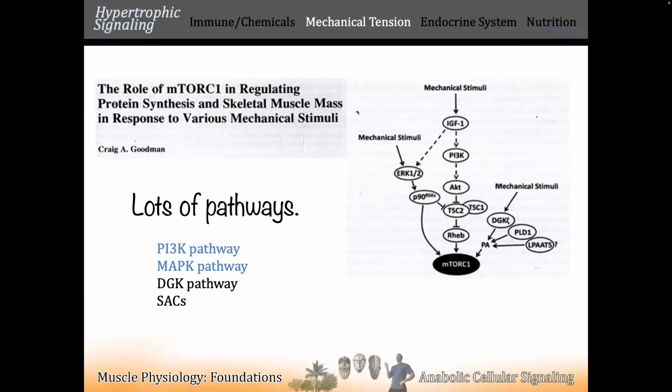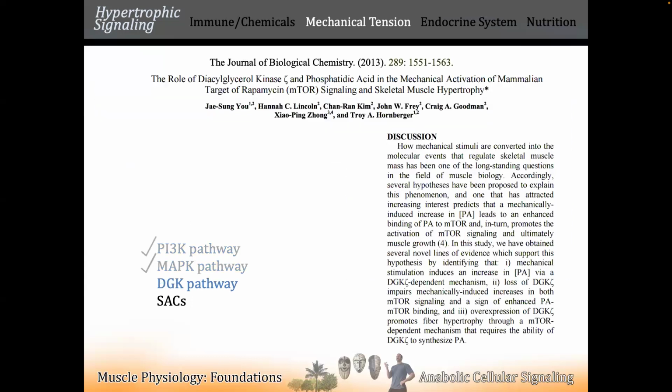That's a diacylglycerol or a diglyceride. DGK, the kinase, phosphorylates that, converts it into phosphatidic acid, PA, phosphatidic acid. And that stimulates mTOR. And this process is triggered by mechanical stimulation.